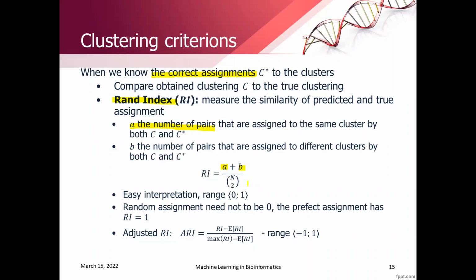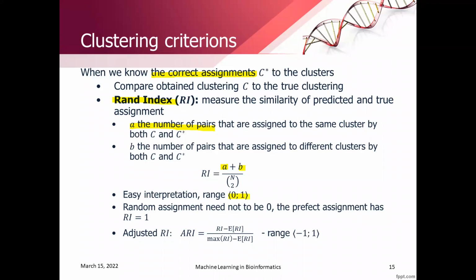And a correctly clustered pair is either assigned to different clusters or to the same cluster according to the true clustering. So this value naturally has a range between 0 and 1.